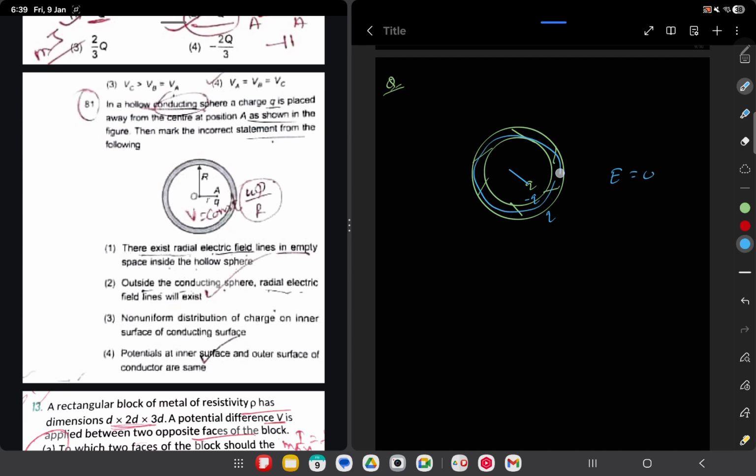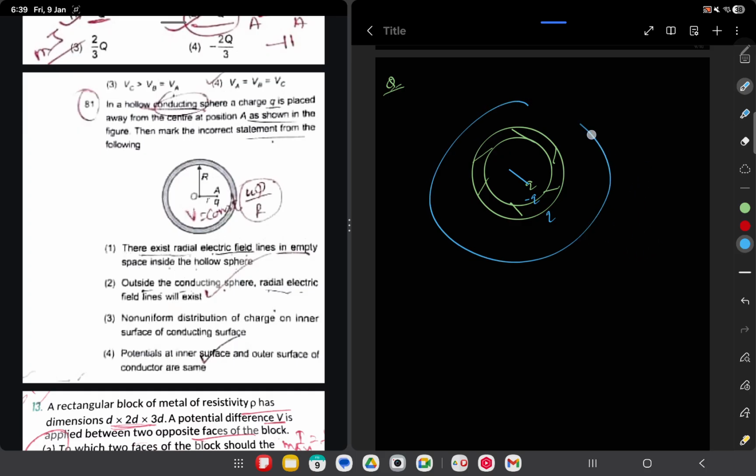If you take a Gaussian surface, as I discussed in the earlier question, then within this Gaussian surface the net charge is 0, so E will be 0, dV is 0, and V should be constant. As for the third option, non-uniform distribution of charge, I already said that the charge will be uniformly distributed due to induction.